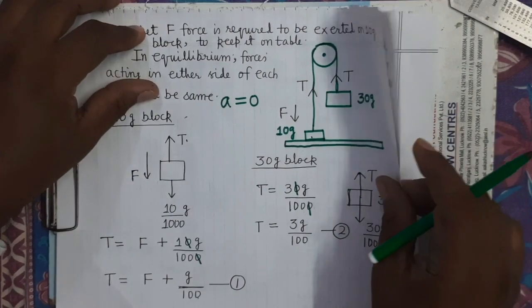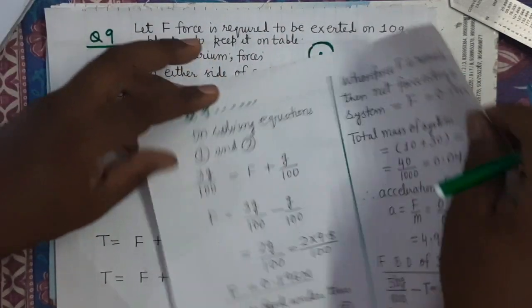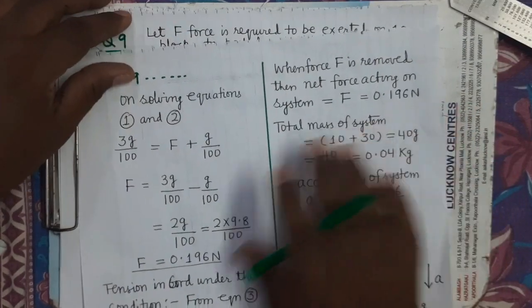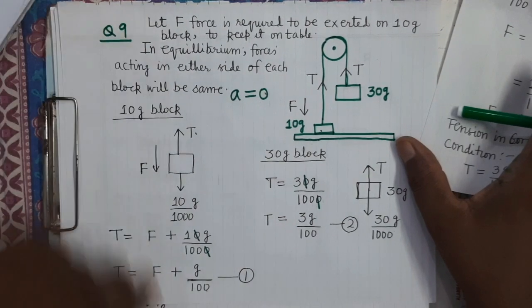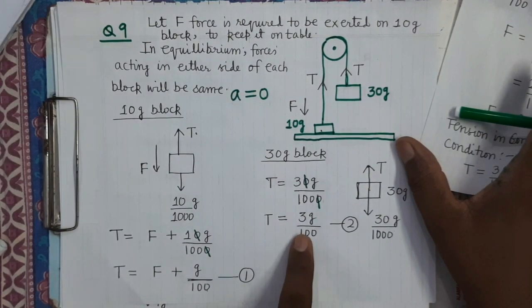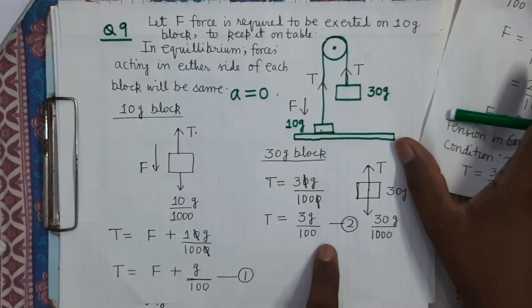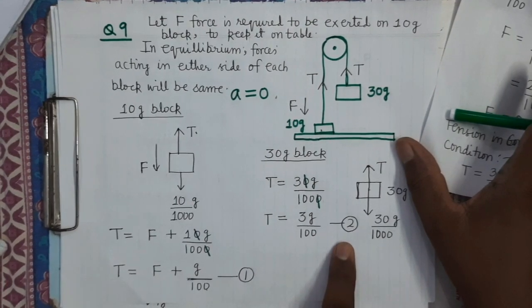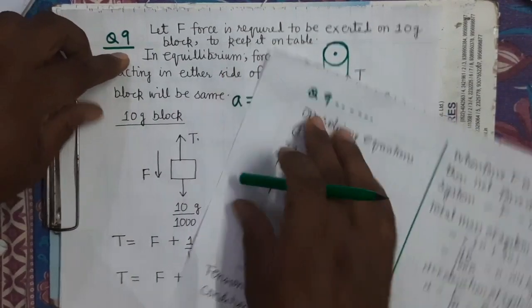Now see here, simplify this. On simplifying, you will place the value of T which you have obtained from equation 2 into equation 1.